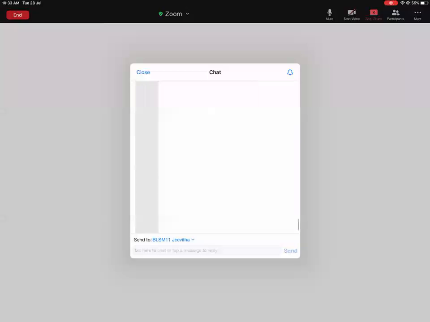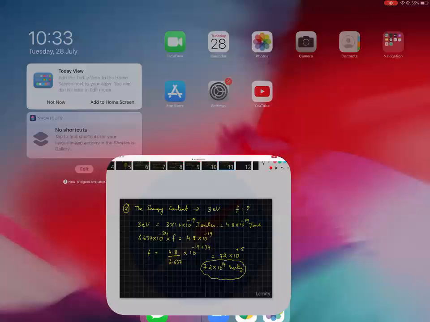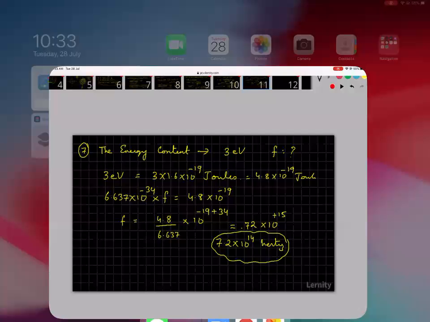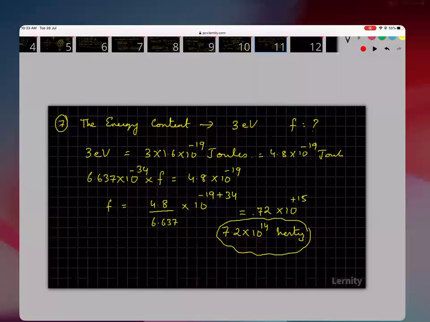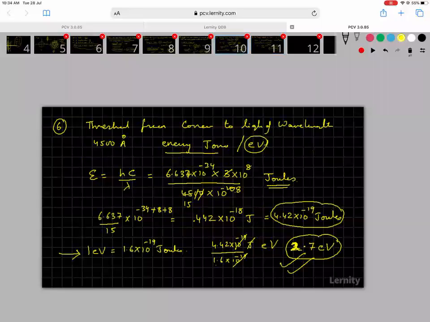H into F is equal to energy. Now you should know what I am writing. Where did I write H into F is equal to energy? Yes, H into F is equal to energy. If you are just keeping your ears shut and then copying, then I don't know. But H into F is energy. H into C by lambda is equal to energy.